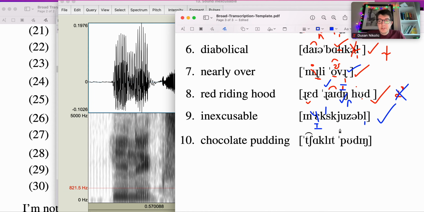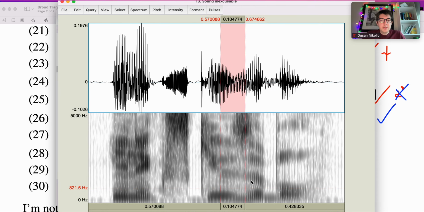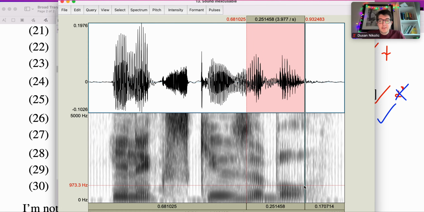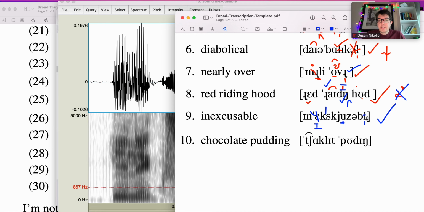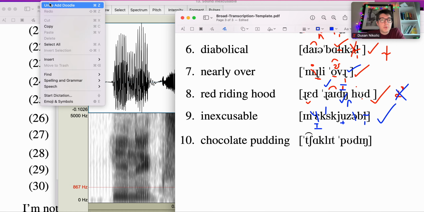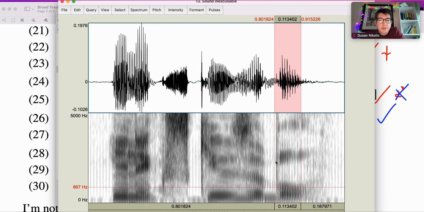Maybe even a fronted. Ooh. Accusable. Bold, definitely. Velarized L, and of course syllabic. Excusable. Even if you did not have this schwa, that would be okay. So I would be accepting that one as well.